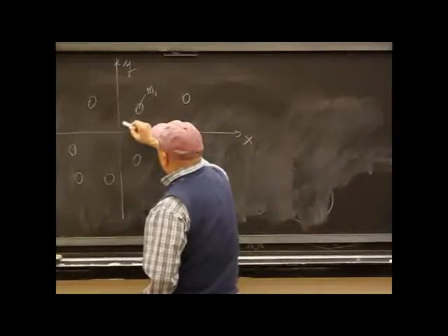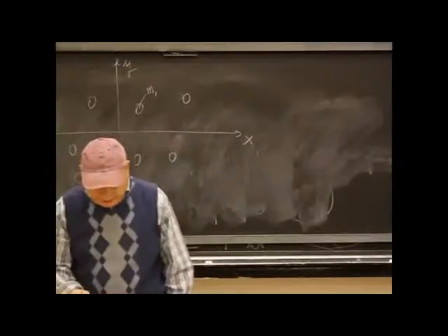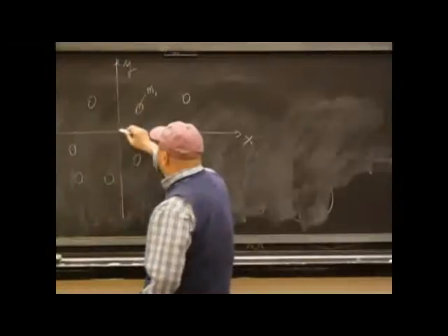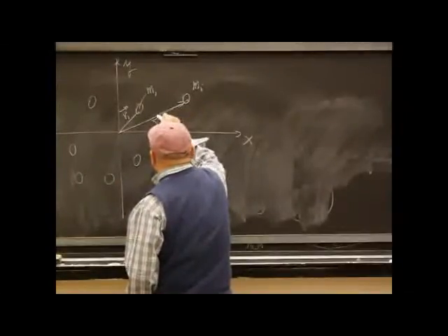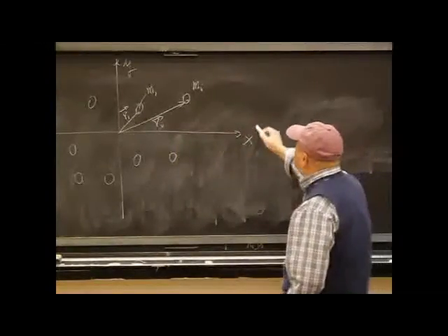And then in these cases, we indicate that as a vector. This distance is ri, and so forth. So what is the average distance then?